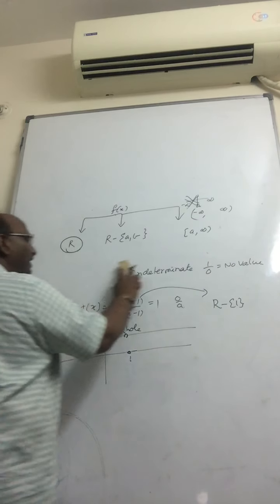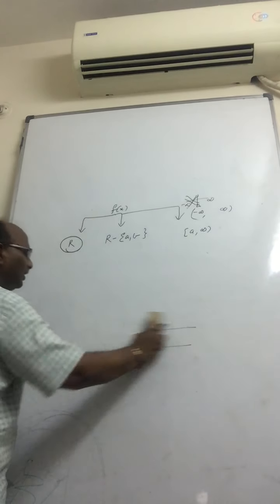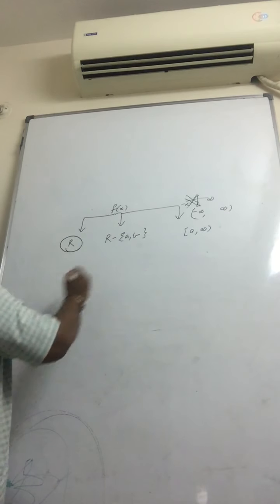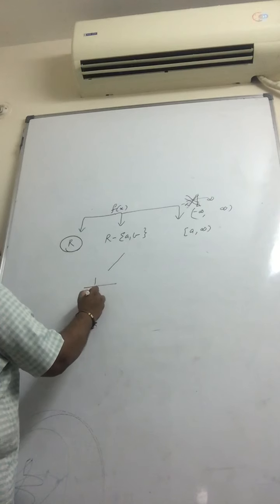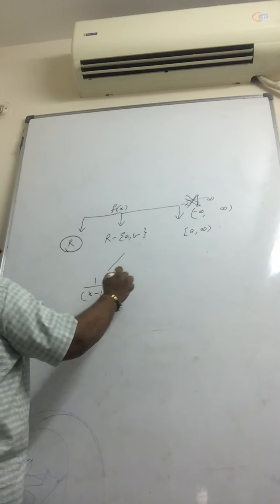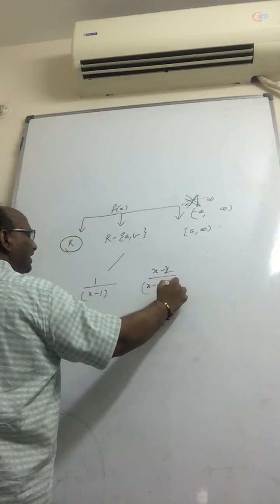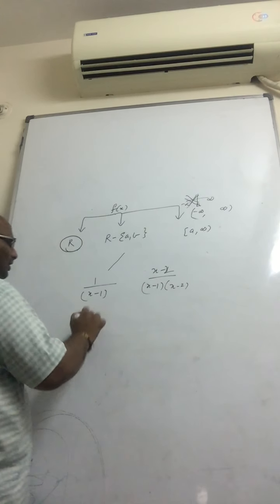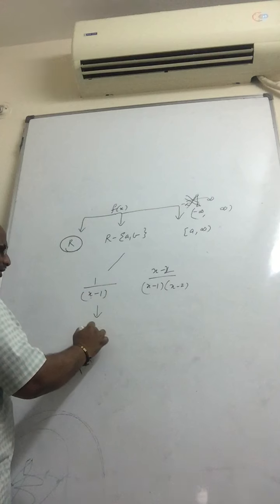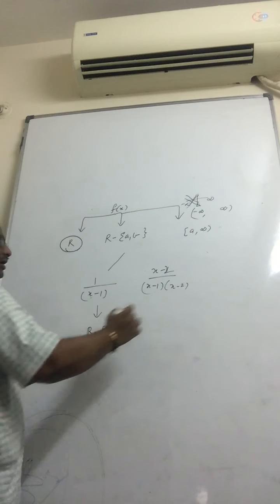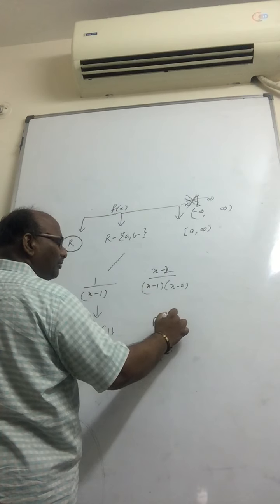So now we have two different kinds of rational functions. One is without holes, and another is like this kind of function. For this function, at 1 there is no value, so we remove it, because at 1 the denominator is 0.